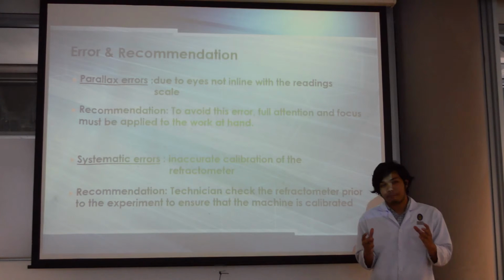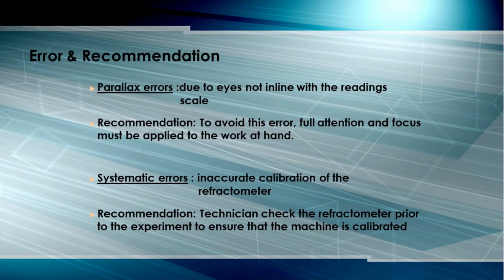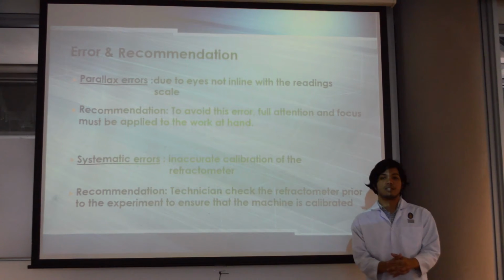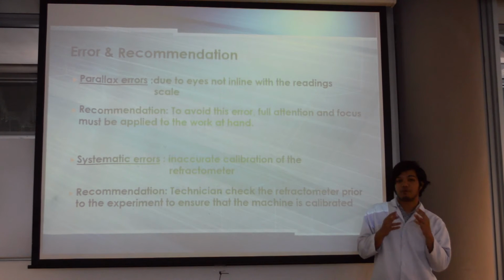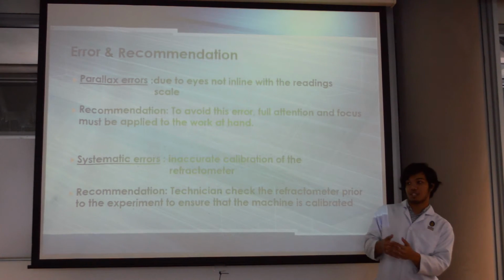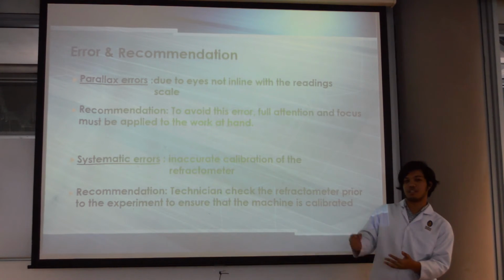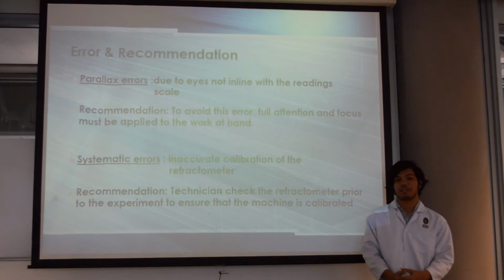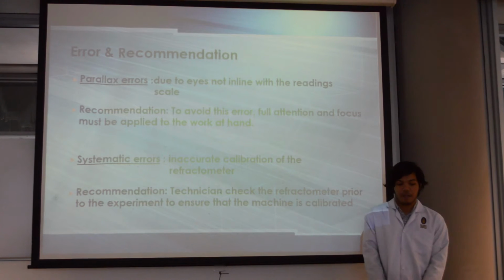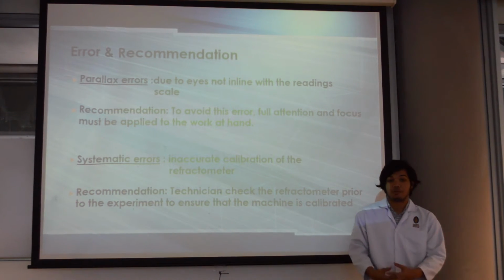Parallax error happens when your eyes are not at the same level as the reading of the scale. To overcome this error, we must make sure our eyes are in line with the scale when taking a reading, so we may get an accurate reading.